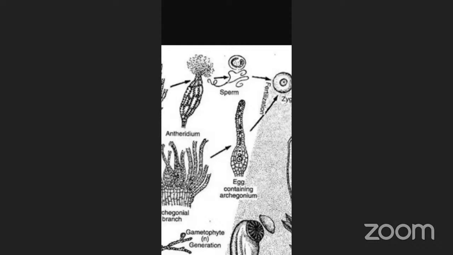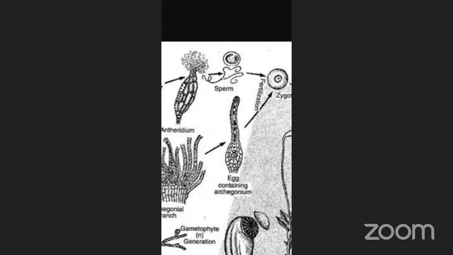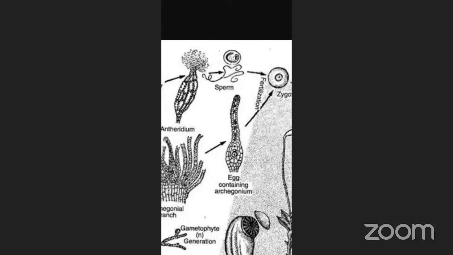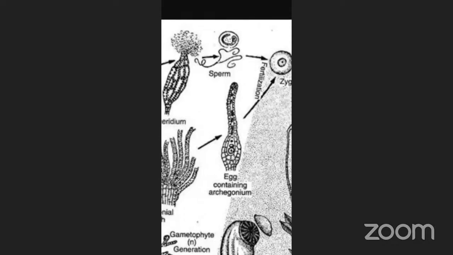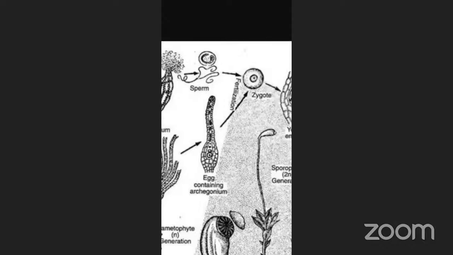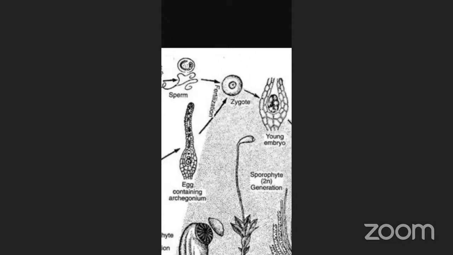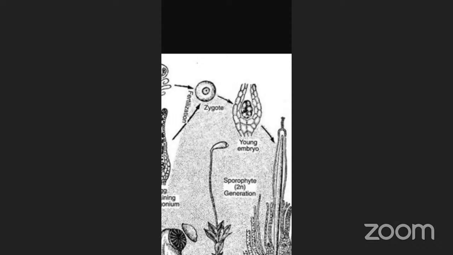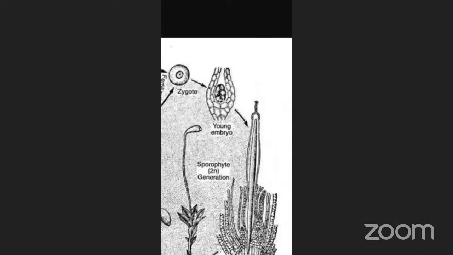The archegonia are flask-like structures with a long neck, neck canal cells and the venter. In the venter, the egg cell is present. After liberation, the antherozoids fuse with the egg to form the zygote. The zygote again develops as the sporophyte.